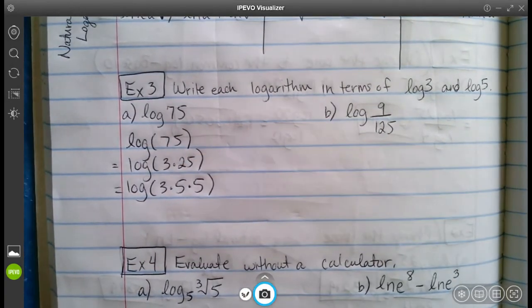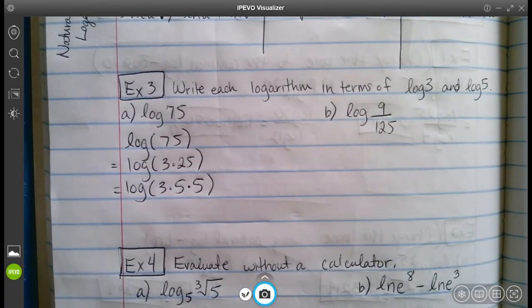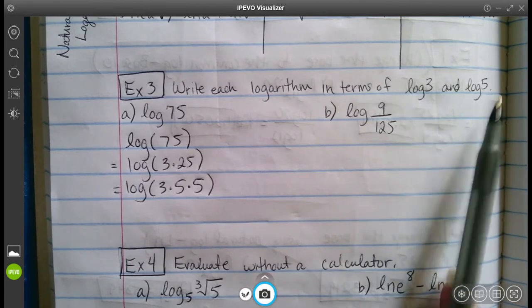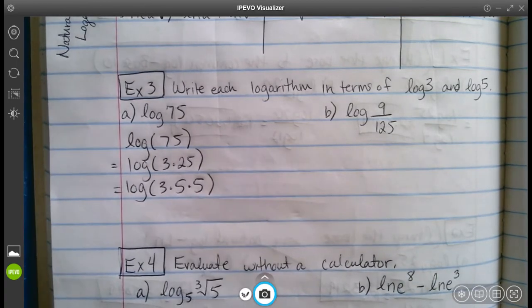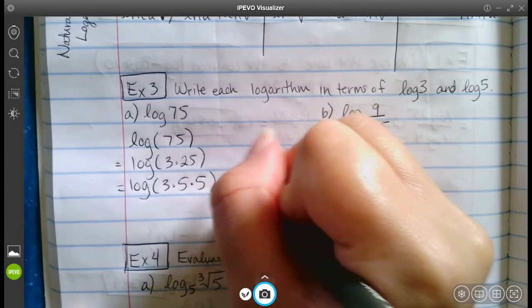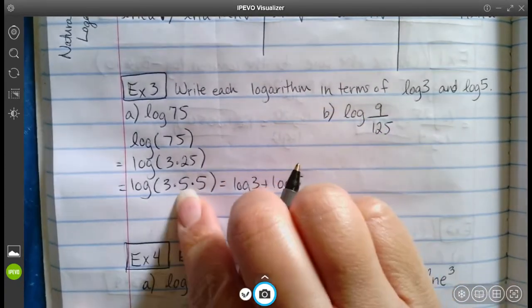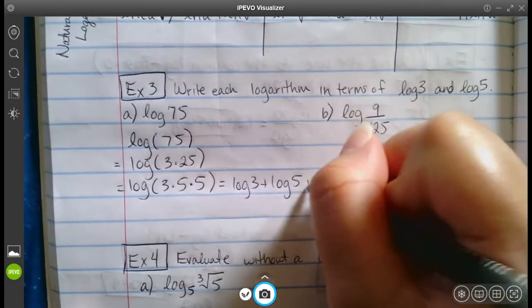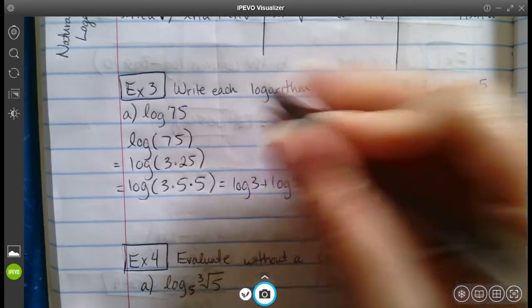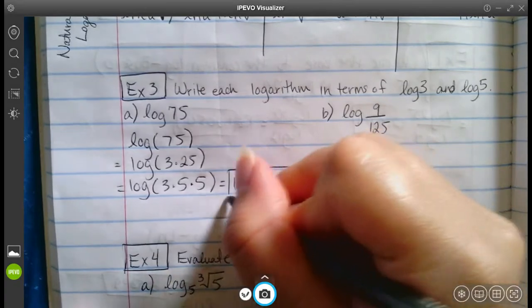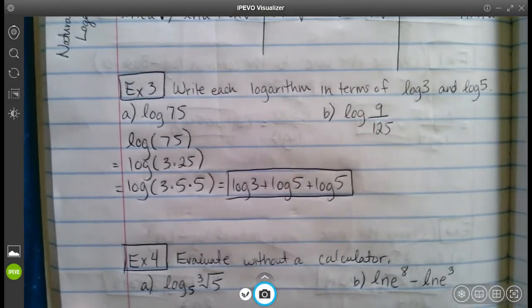That's one way I could do it, right? And if I wanted to use log 3 and log 5, well, now I have 3 and 5. So I can expand this to log 3 plus log 5, because there's multiplication there, plus another log 5. And that's one way I could do this one.